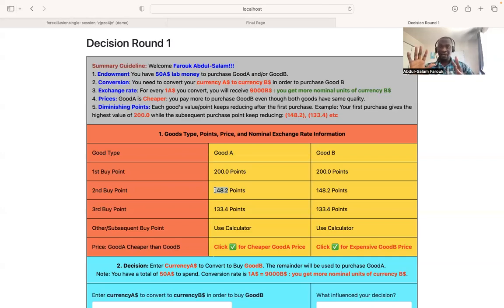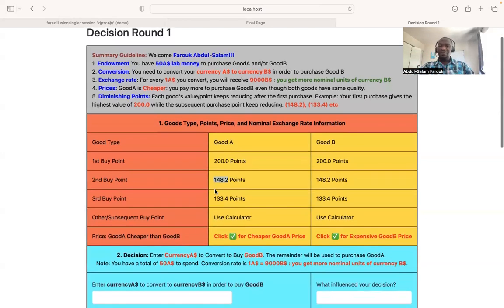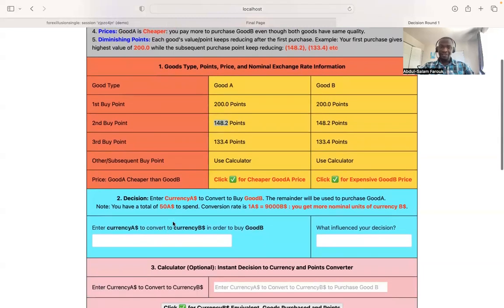Keep that in mind, as it will inform which good you should buy and how many goods you should mix in order to get the maximum points. This is going to be an example conveying what I just mentioned, to help you understand the exchange rate, the points, the prices, and whatnot.